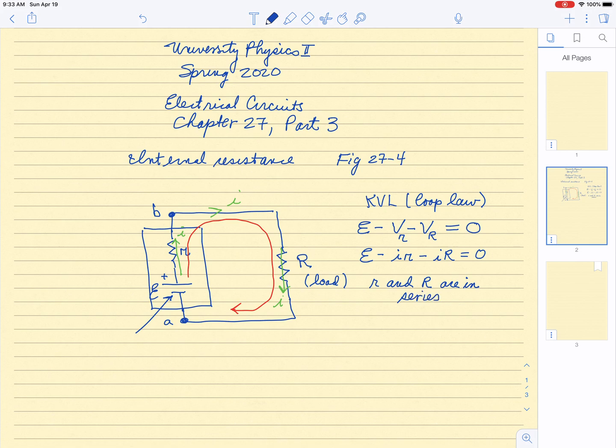Now, we're going to formalize this later, but I'll state it here: for electronic devices connected in series, the current is identical in each device.